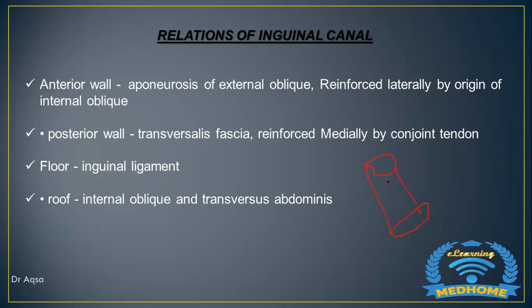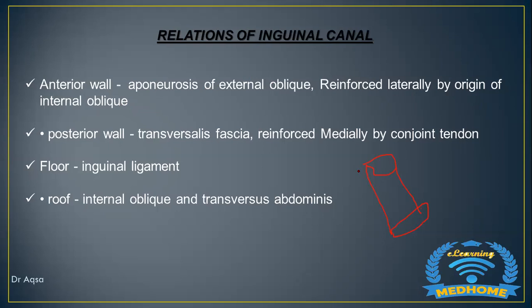So the inguinal canal has an anterior wall, a posterior wall, a roof, and a floor. The anterior wall is the aponeurosis of the external oblique muscle, and it is reinforced by the internal oblique muscle.